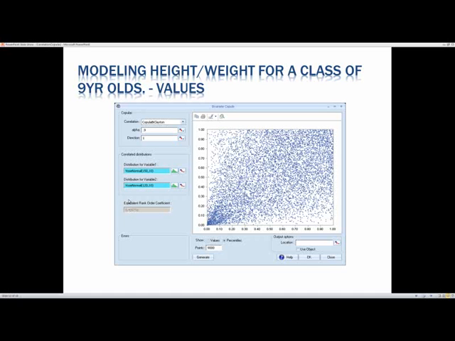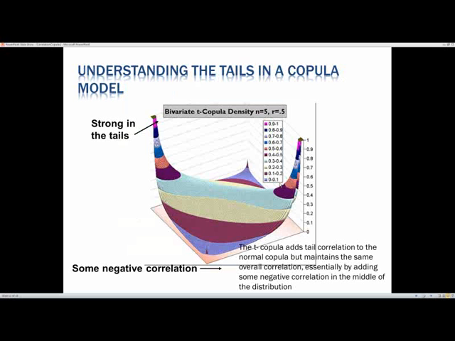So sometimes we actually still have to fit a correlation using Spearman to come up with this number. However, there is an empirical fitting tool that will do this for you within ModelRisk.